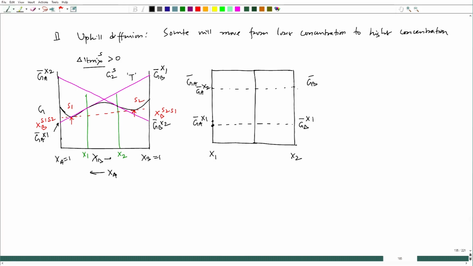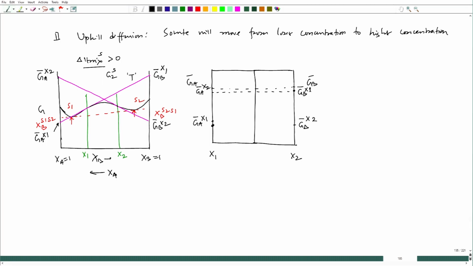Now, here let us say this point is G B bar x 2. Okay. G B bar, no, this one should be 2 and this one should be x 1.